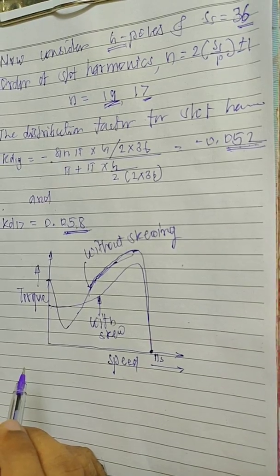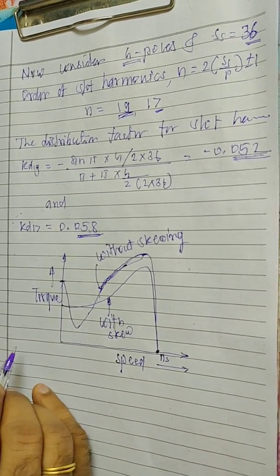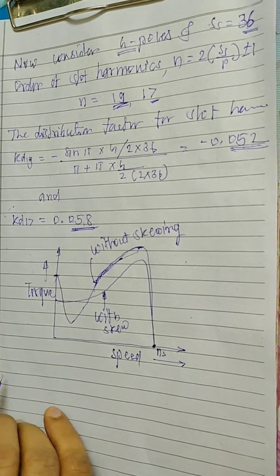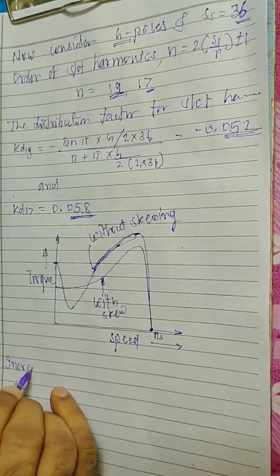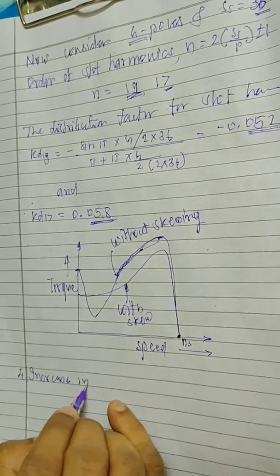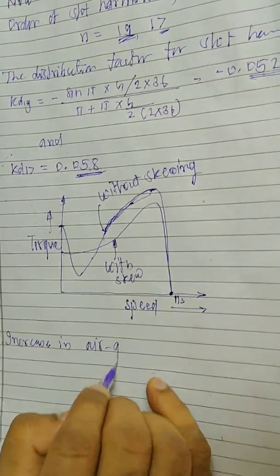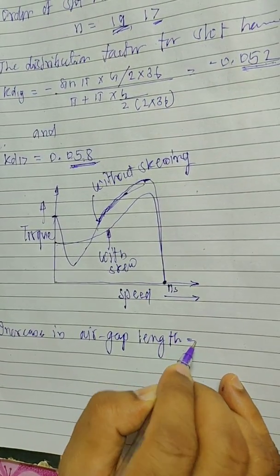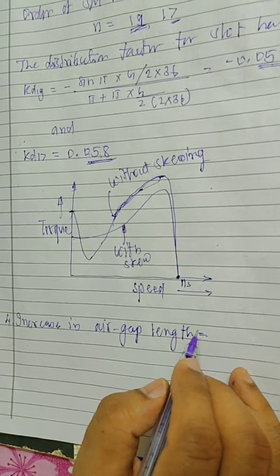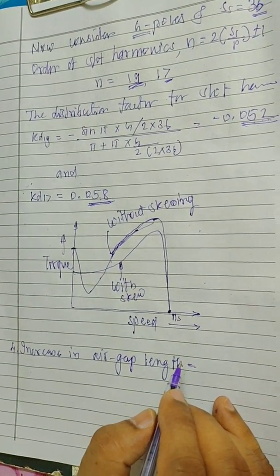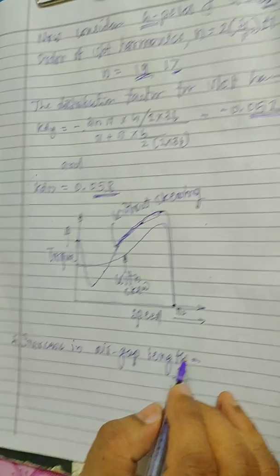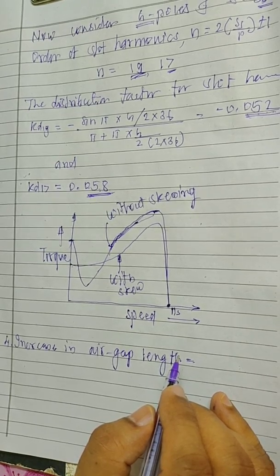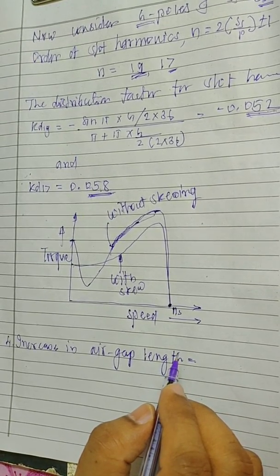Point number 4 is increase in length of air gap. This is one of the methods to reduce the harmonic torque. If the length of air gap increases, then harmonic flux decreases and harmonic torque decreases.